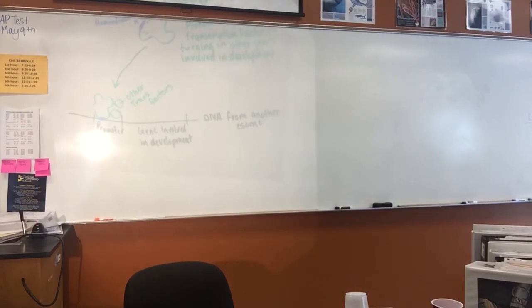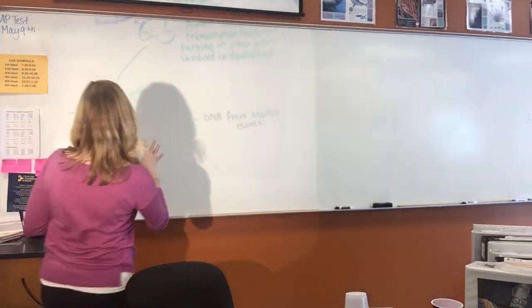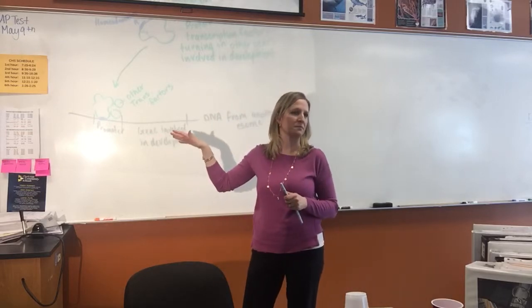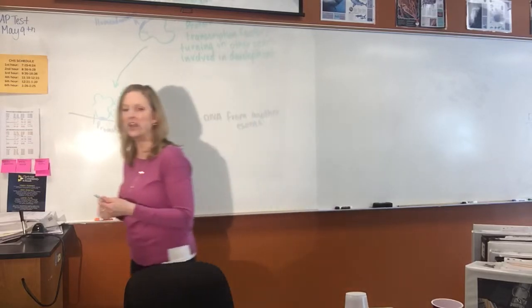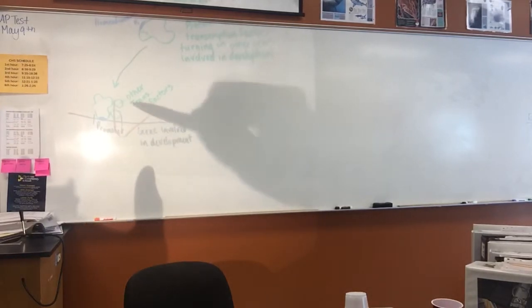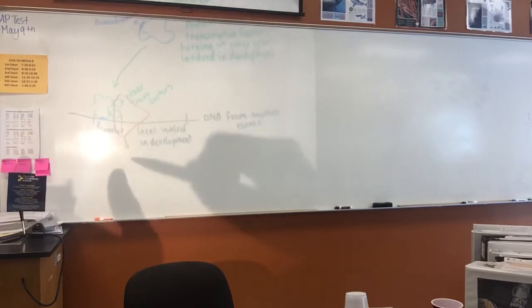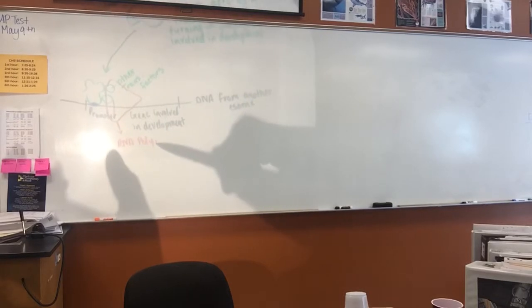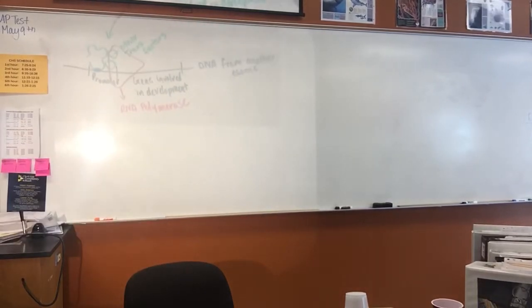And as a result of these transcription factors binding to this gene, what can come bind and start transcription? RNA polymerase. And so now RNA polymerase can come. That's your RNA polymerase. So the RNA polymerase comes and binds.